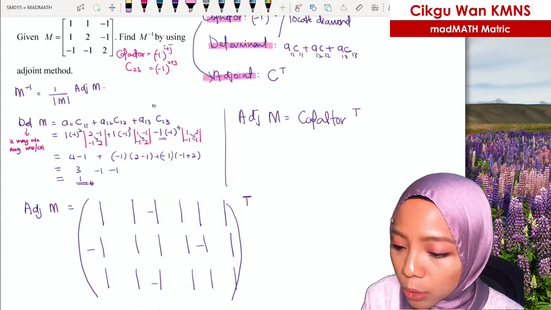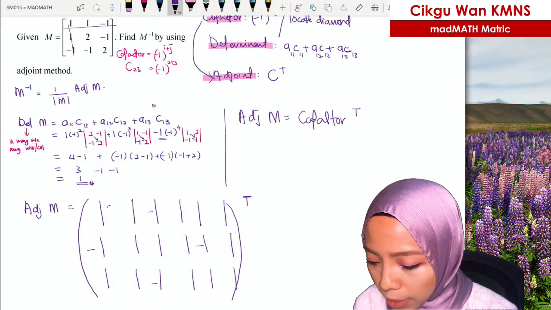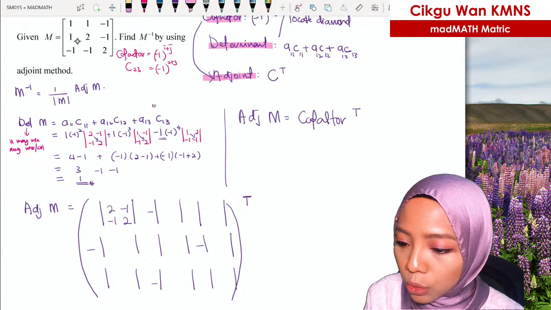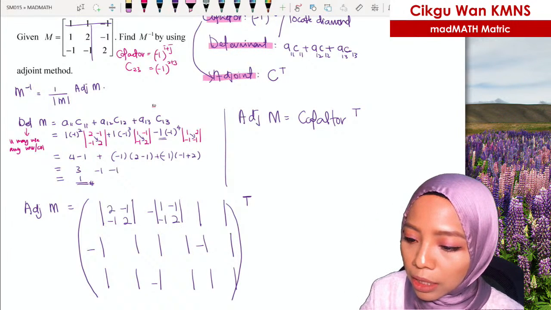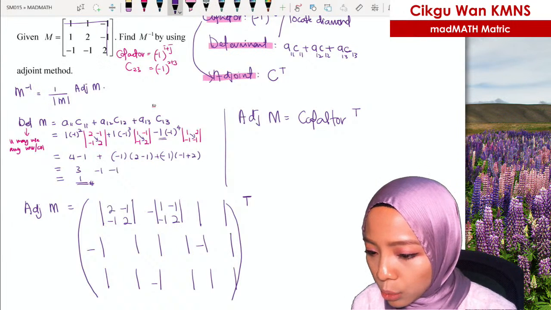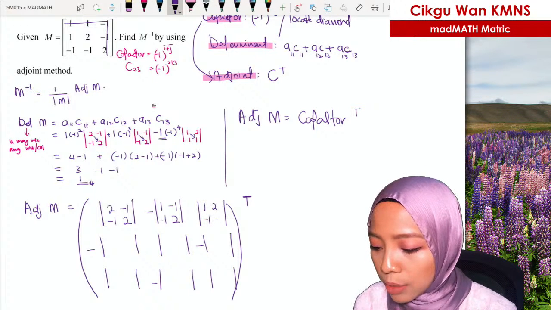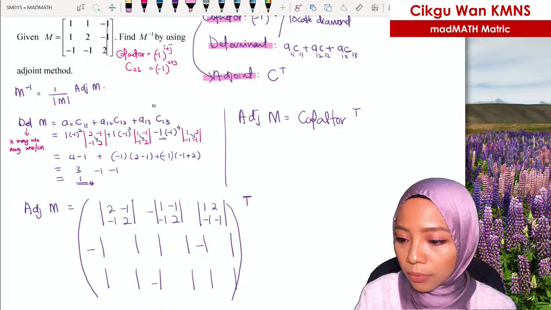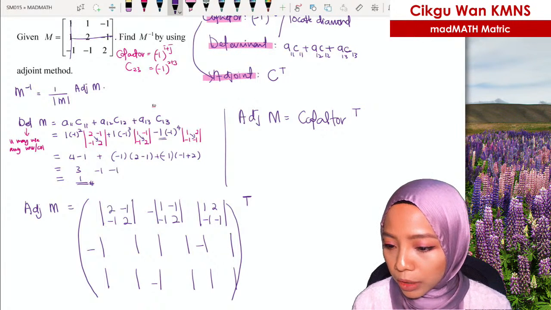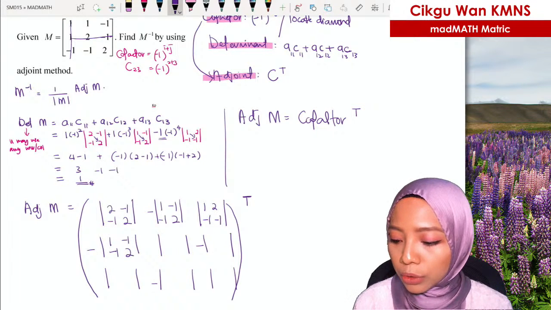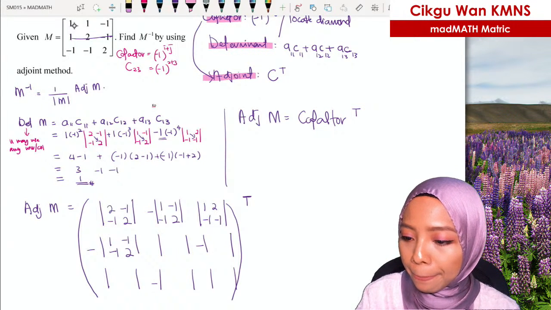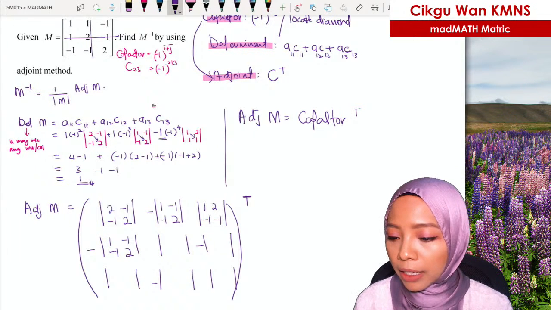Tempat yang pertama tutup. So tinggal 2. Negatif 1. Negatif 1, 2. Okay. Tutup. 1, negatif 1, negatif 1, 2. Lagi. Tutup. 1, 2, negatif 1, negatif 1. Okay. Tutup. Okay. 1, negatif 1, negatif 1, 2. Okay. Ini tempat yang kat tengah kan.